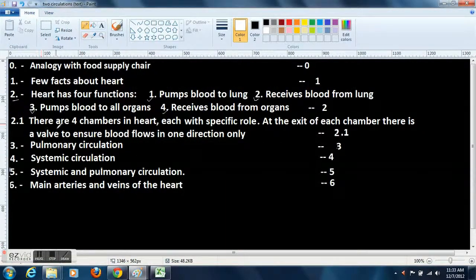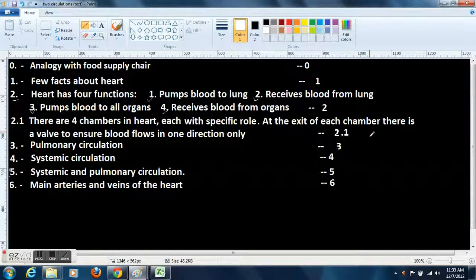Okay, now let us talk about the chambers of heart. There are four chambers in heart, each with specific role. At the exit of each chamber, there is a valve to ensure blood flows in one direction only.